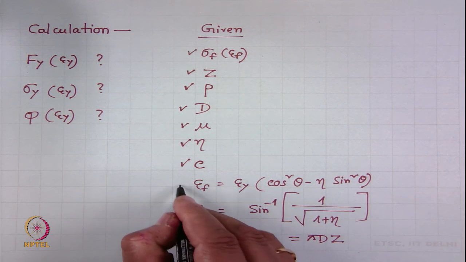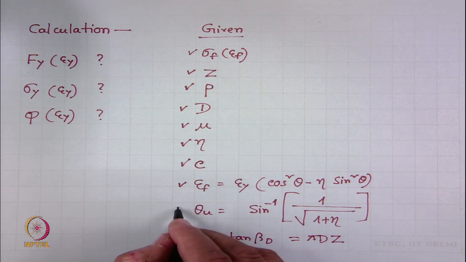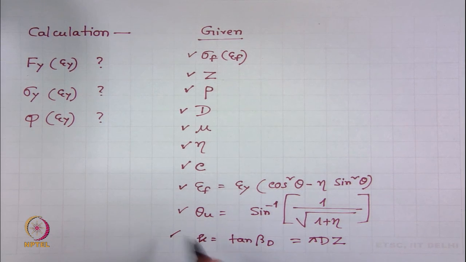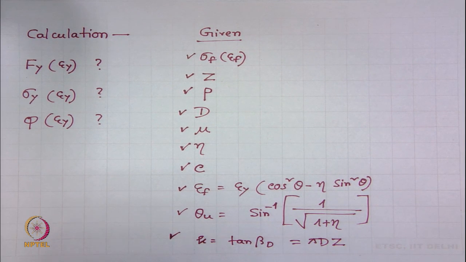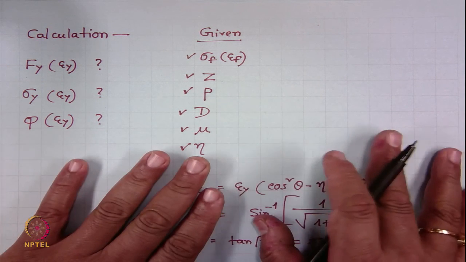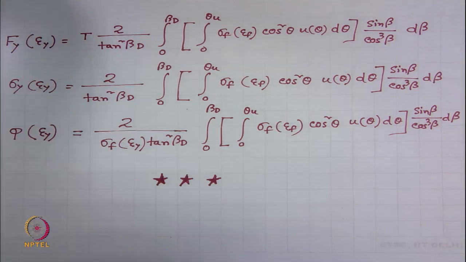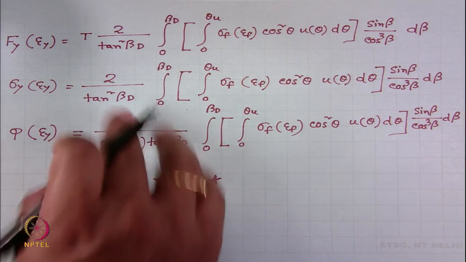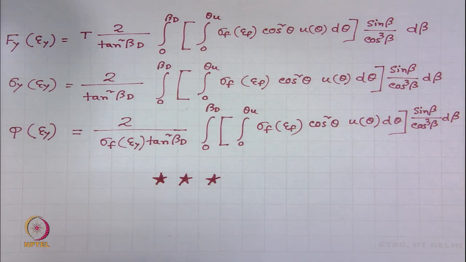You should be able to calculate fiber strain, theta u and kappa tangent beta d pi dz. So, if these values are given, then by using these 3 equations you should be able to calculate these 3 functions, right.